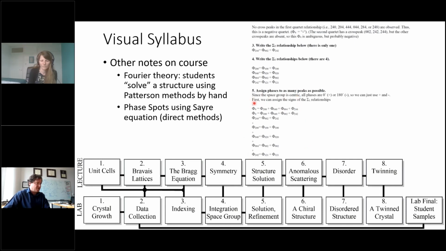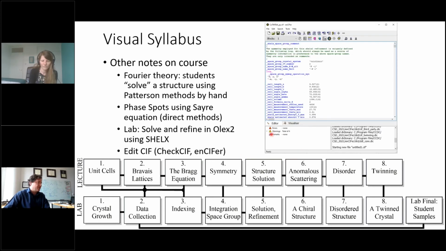So of course a human cannot do a direct method solution, but it's a little mini phasing exercise to sort of understand what the computer is doing.